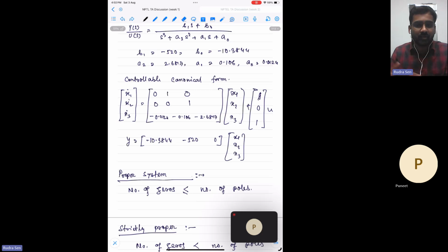For the similarity transformation, first we need to check whether the system matrix has distinct eigenvalues or not. If the matrix has distinct eigenvalues, then you can directly say the system can be put in diagonal canonical form, and the similarity transformation is very easy.